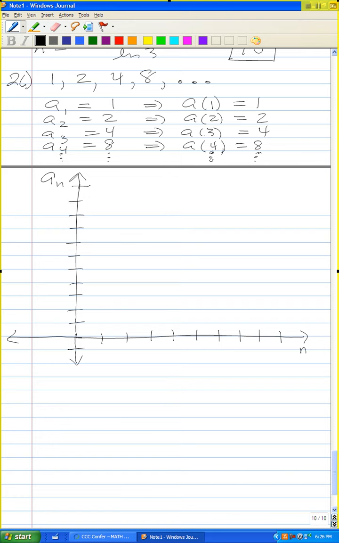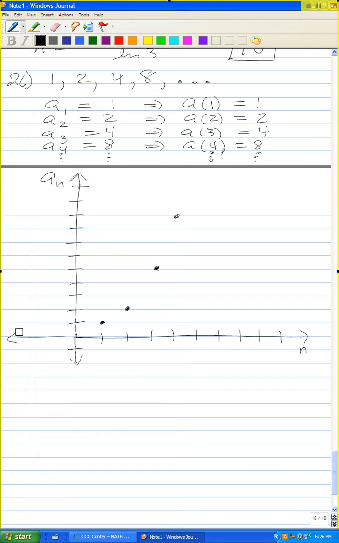Okay, so let's see. A sub 1 is 1. A sub 2 is 2. A sub 3 is 4. A sub 4 is 8, etc. And so if I look at this, notice that it looks like an exponential.